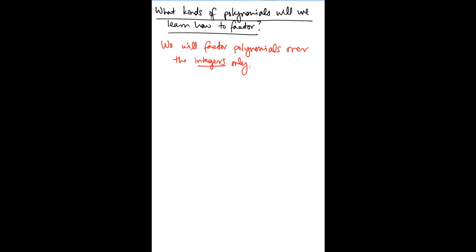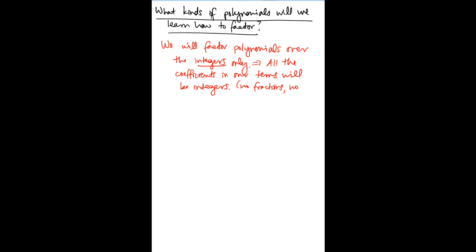So that means that we will only get integers as coefficients in our terms, right? This means that all the coefficients in our terms will be integers for now. So, for example, we're not going to get fractions.